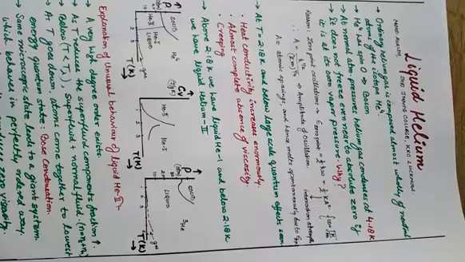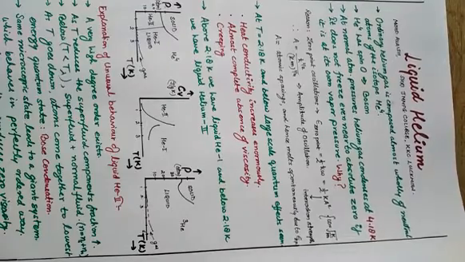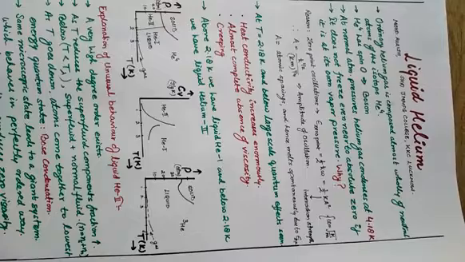This order was first tried to be explained by a scientist, Tisza, who proposed that helium 2 can be thought of as made up of two kinds of atoms: the normal helium atoms and the superfluid helium atoms.